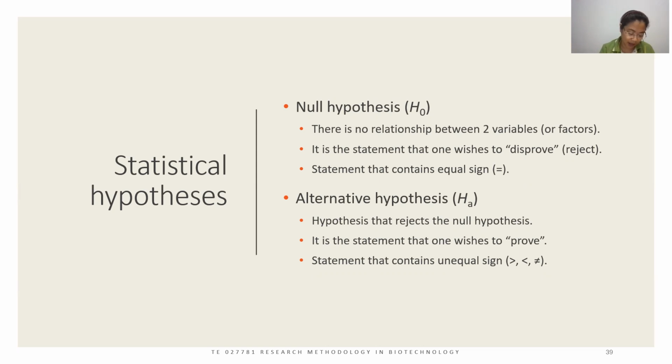That's why I put it here, because both tests mainly compare the errors, and they just want the errors between two cases to be virtually zero, or there's no change. So that's why I say that the null hypothesis is a statement that contains the equal sign. But in general, it might not always be equal.